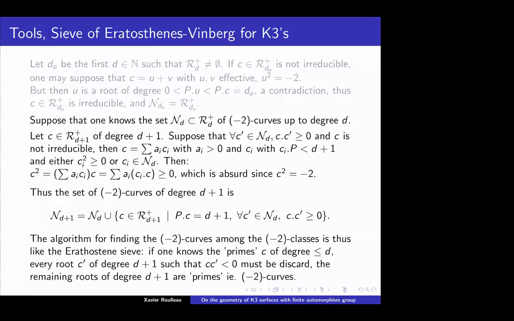So instead of a division algorithm, what replaces it is the intersection number being negative. It's a nice algorithm of Vinberg.